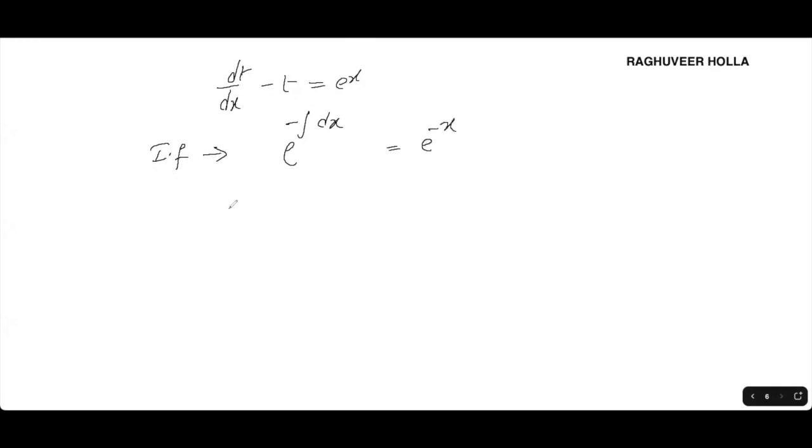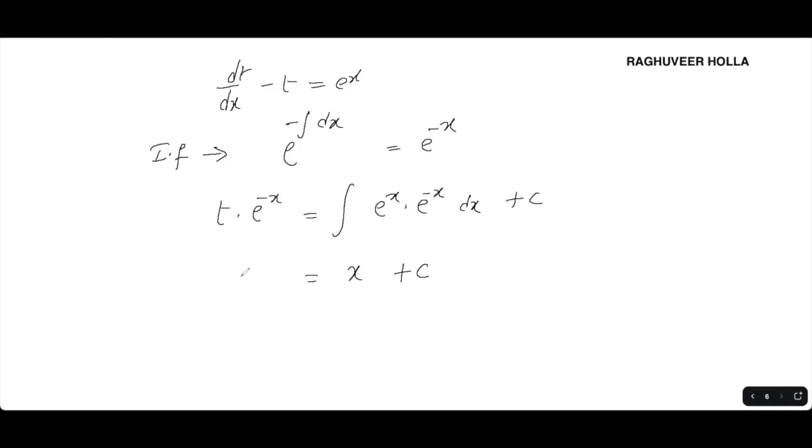So t into e to the power of minus x, that is the integrating factor, is equal to the integral of e to the power of x into e to the power of minus x dx plus c. So this is dx, right? So integration of dx will be x, plus c.